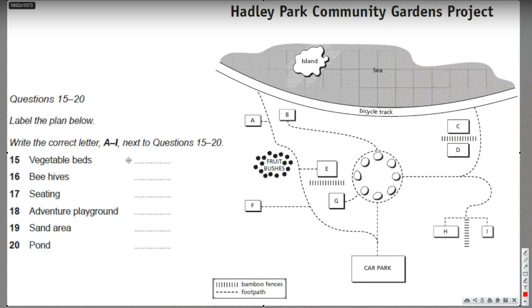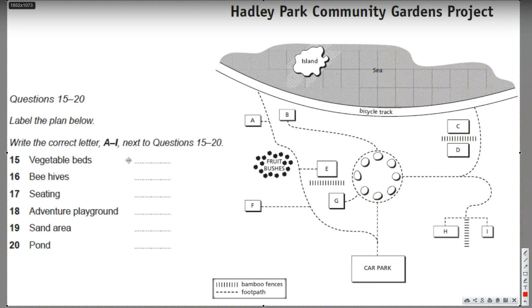See? Now, if you've been assigned to the vegetable beds, to get there, you go out of the car park and go up the footpath until you reach the circle of trees. There they are, in the middle of the plan. And you see that the footpath goes all the way around them.